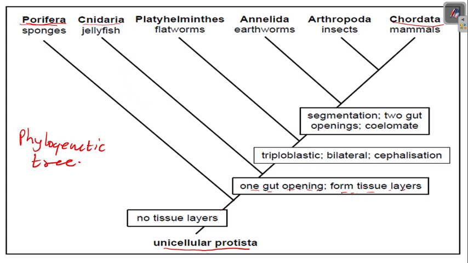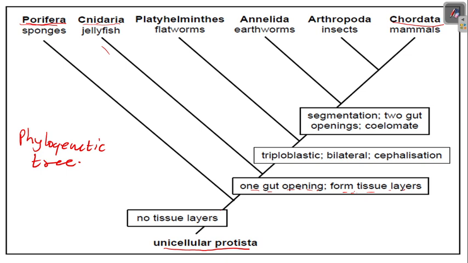So if it has tissue layers, it can no longer be called Porifera. It is Cnidaria. Your jellyfishes, for example, your Portuguese man of war. So basically, that's what your phylogenetic tree shows you. We'll get more into that as we solve questions that involve a phylogenetic tree. I think you were introduced to this when we were doing plant diversity. We touched a bit on a phylogenetic tree.